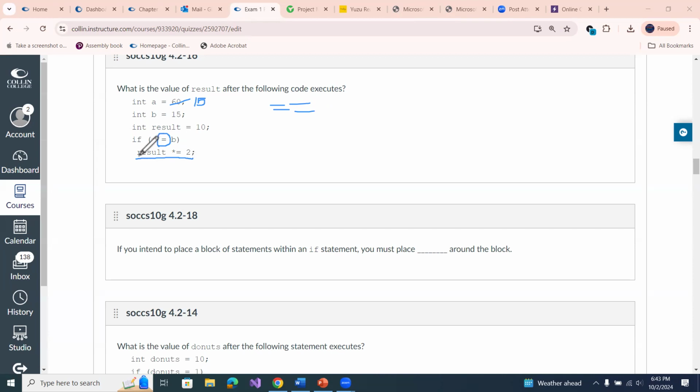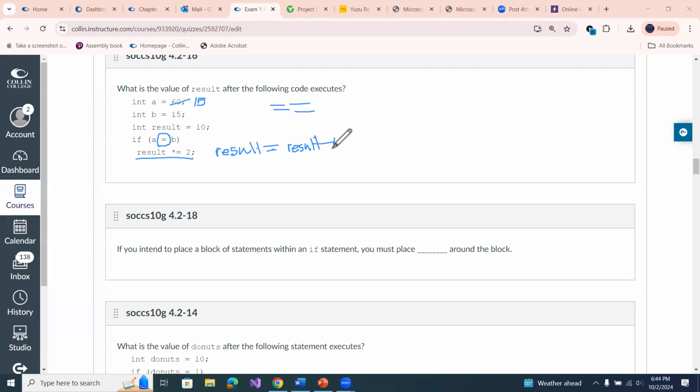So here, let's see, A got changed. That doesn't matter. And so then we would say result equals, just in case this confuses you, result equals result times 2. Okay, I cannot write very fast with this.